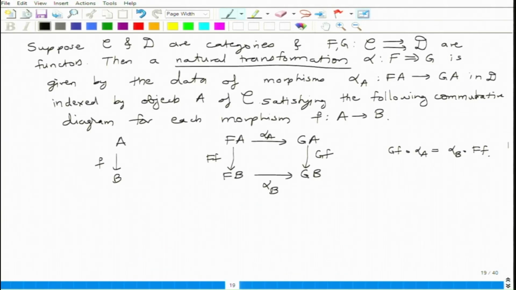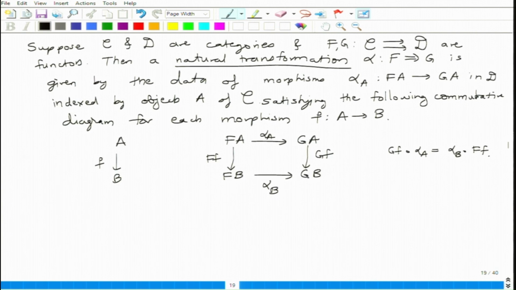It is going from FA to GA, A to PA. So what functor will give me A when applied on A? Identity functor. Oh yes, I forgot to mention something.